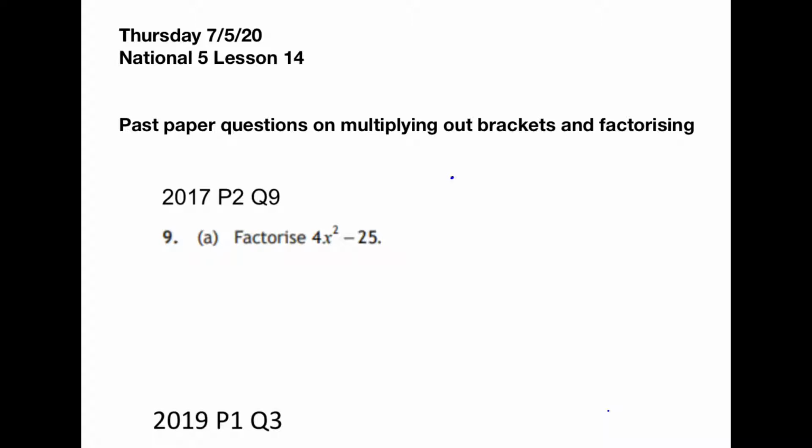The first thing we should be looking at is common factors. Then we should be looking at a difference of 2 squares. Then, if it's neither of those things, we should be looking to see if it's a trinomial that will factorise into 2 brackets. First of all, are there any common factors?